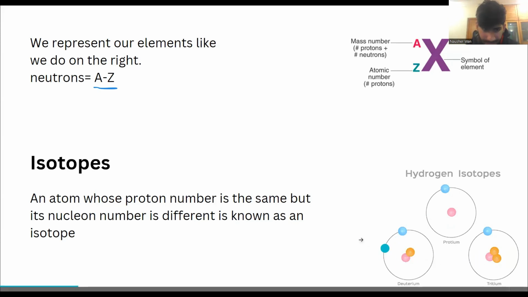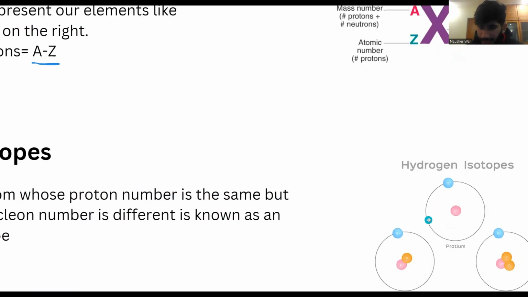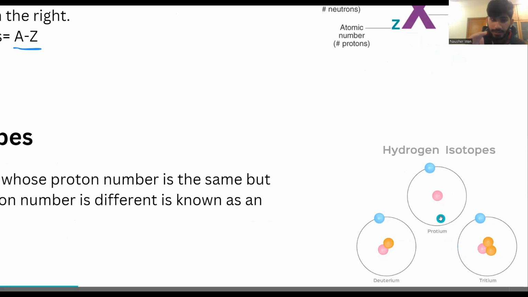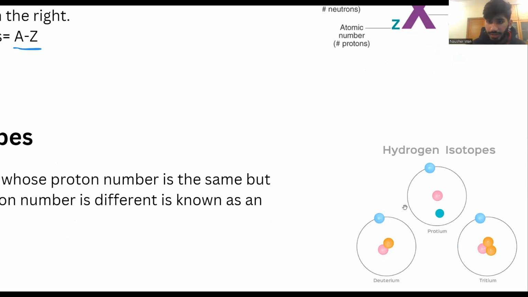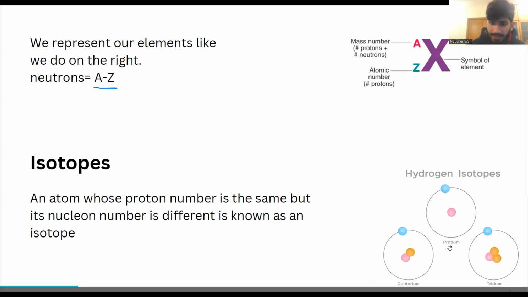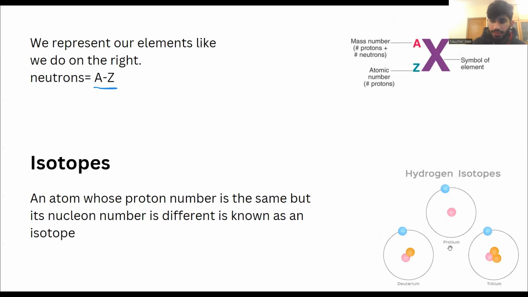And you can see that the number of protons in protium, deuterium, and tritium are still one. So this has one proton, this has one proton, this has one proton. But the number of neutrons are actually different. You can see deuterium has one and tritium has two. And hence, all these are just isotopes of the same element known as hydrogen.